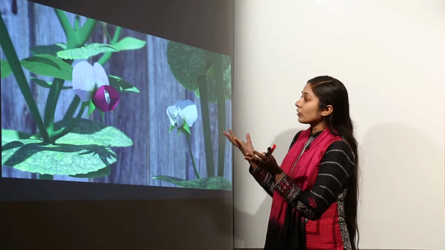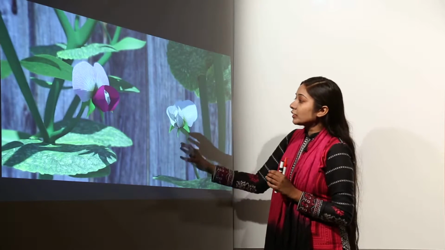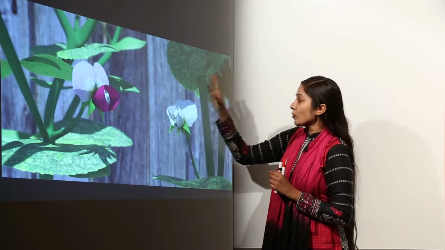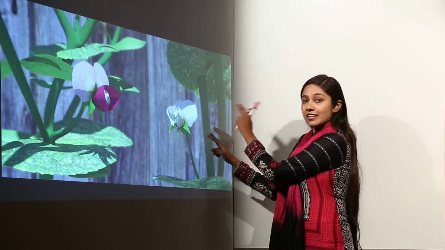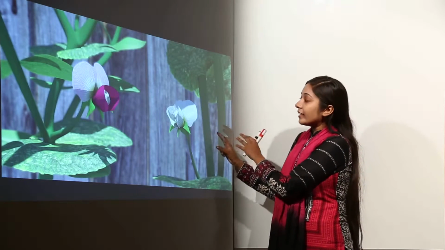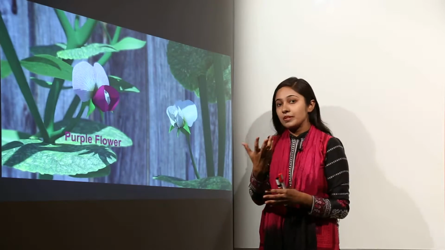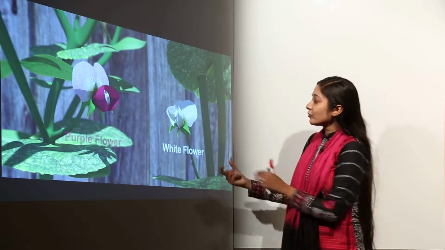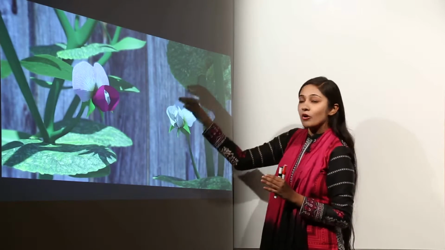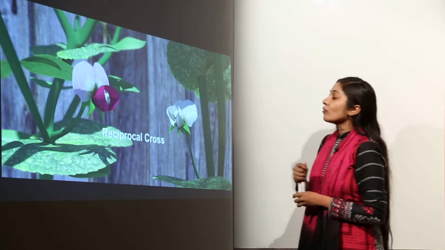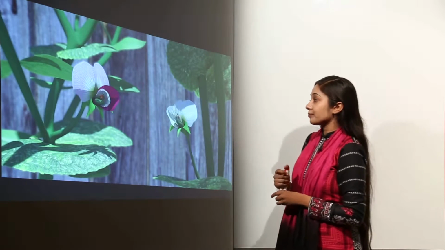What is a reciprocal cross? Means pollen grains from the purple flower are going to sit on the stigma of white flowers. And then also it can be demonstrated as the pollen grains from white flowers are going to sit on the stigma of purple flowers. So what happens in this type of cross?